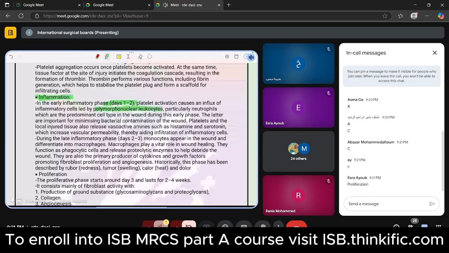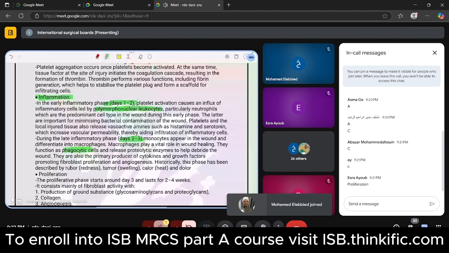Neutrophils will be the main, please remember this, write this down in your notes. First and second day, early phase, it's neutrophils mainly, okay? Then late inflammatory stage, second and third day, the main cell will be macrophages in the wound, okay?